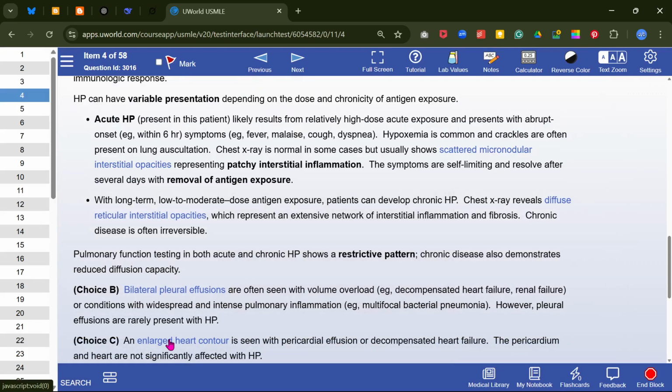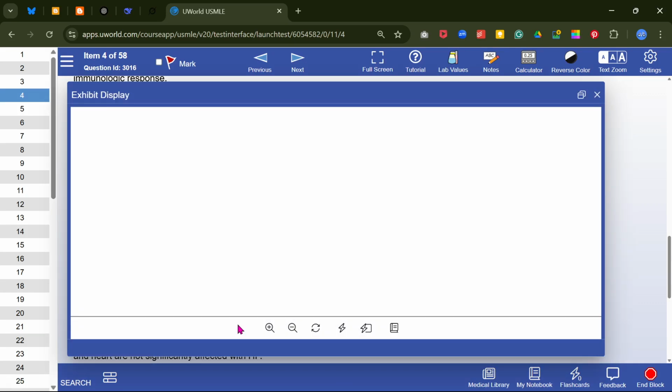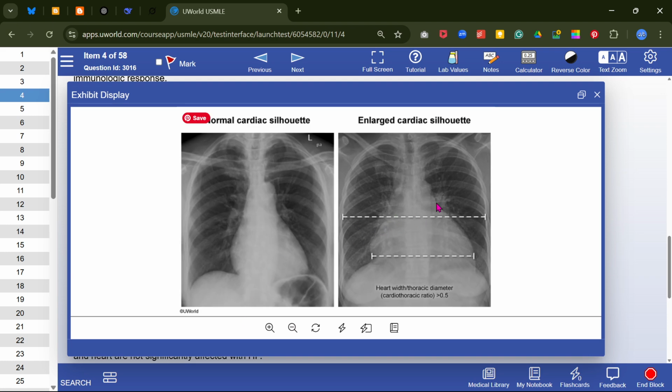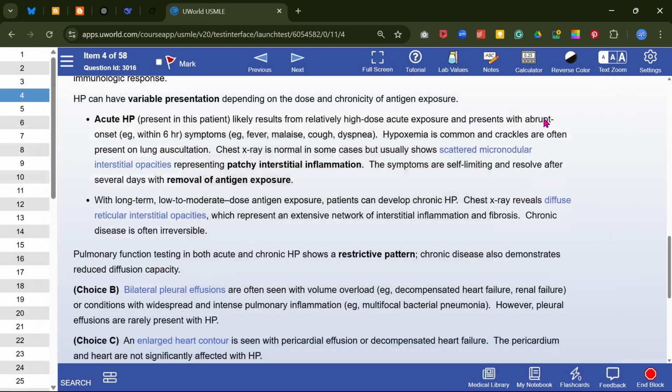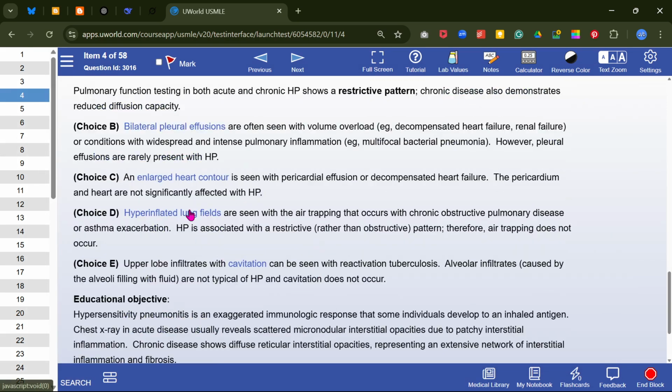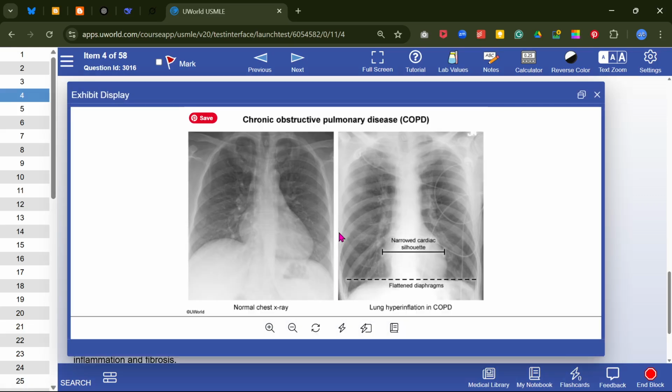Enlarged heart may be seen in pericardial effusion: enlarged heart width versus thoracic diameter, cardiothoracic ratio more than 0.5, enlarged cardiac shadow. Hyperinflated lung is seen in obstructive pulmonary disease, asthma exacerbation, or COPD.